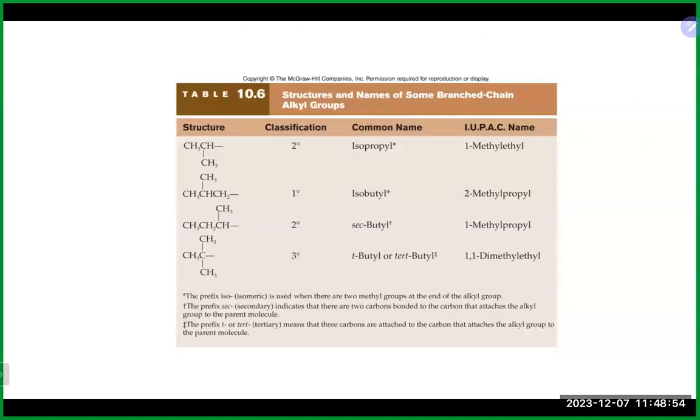We also talked about that some groups do have branch chains and also have some special names. A very common one, again, is the one we talked about, I think, last time, which is the isopropyl group. And the difference between a propyl group and an isopropyl group is where it attaches in.